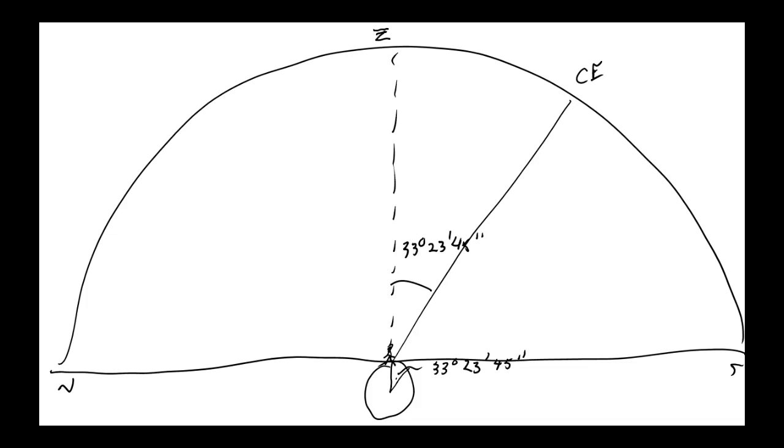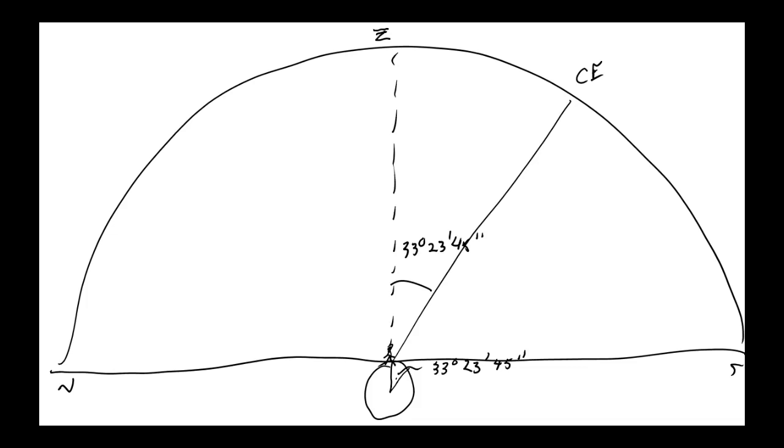No, the celestial equator. Yeah, it's the celestial equator, okay? So what range of declinations can stars have so that they never set, that is, are always above the horizon?